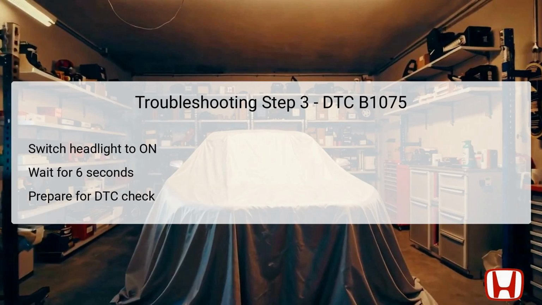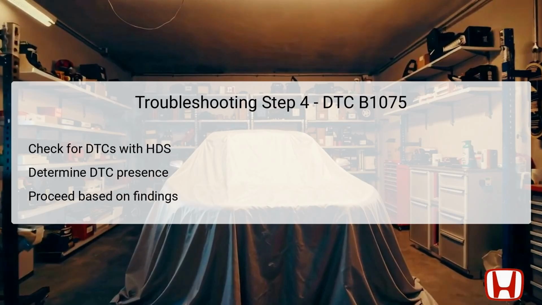Following this short waiting period, the next step is to check for any DTCs using the HDS. This step is particularly important as it determines if DTC B1075 is still present, indicating whether the headlight switch circuit malfunction has been resolved or persists.